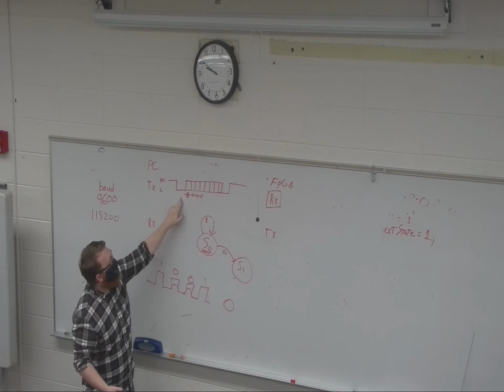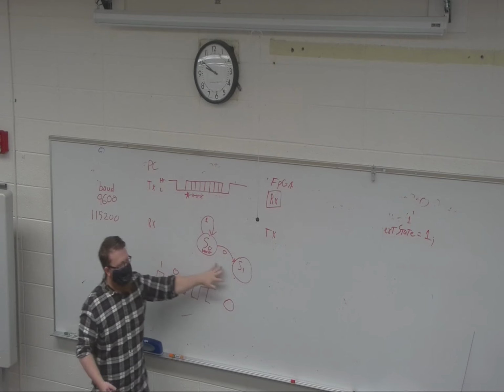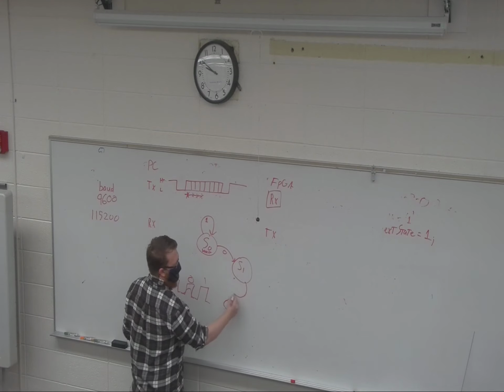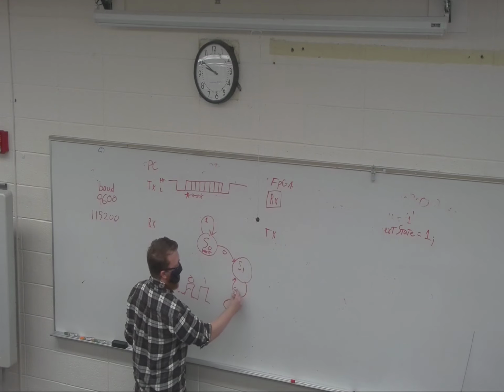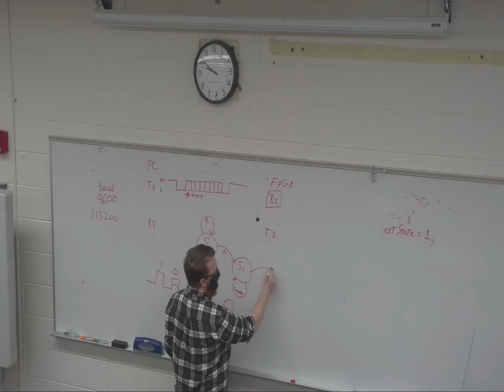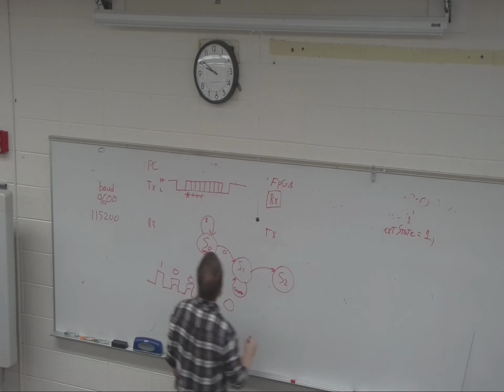One of the ways is I've detected low, I have to wait the right amount of time. This second state could just be tied back and set on some sort of counter that is just waiting the right amount of time. And then after that counter is done, it's going to go to the next state.